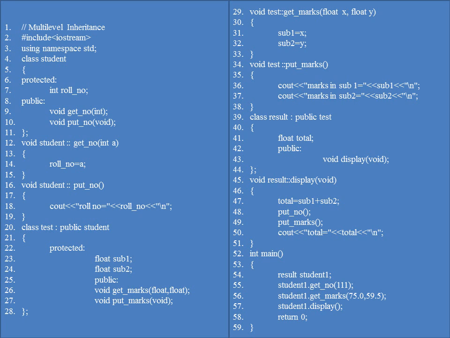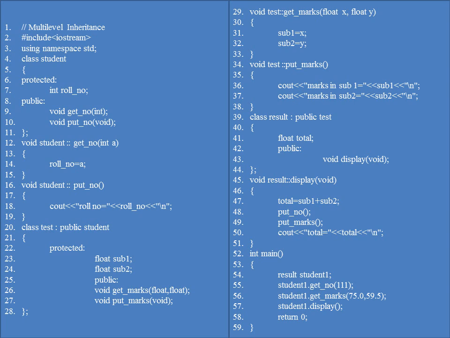You can see in line number 23, the protected members are sub 1 and sub 2. Along with that, it will also get roll number from line number 7. In lines number 26 and 27, we have the get marks and put marks functions in the public section, but due to inheritance, along with get marks and put marks, it will also get get number and put number from lines number 9 and 10. In line number 29 get marks is defined, and in line number 34 put marks is defined.